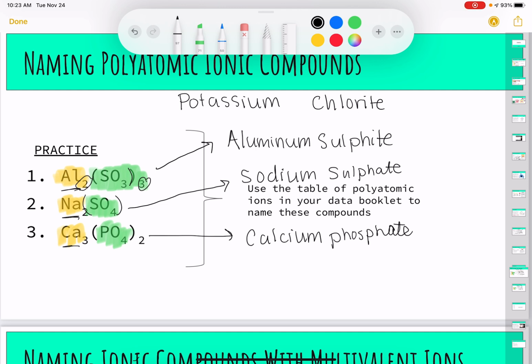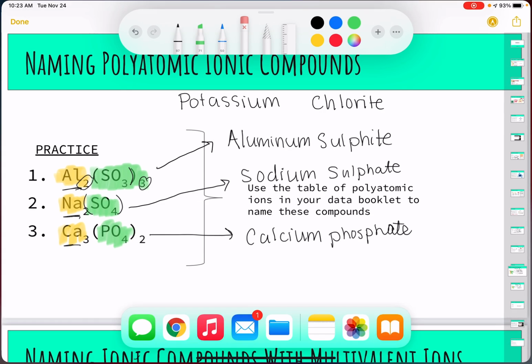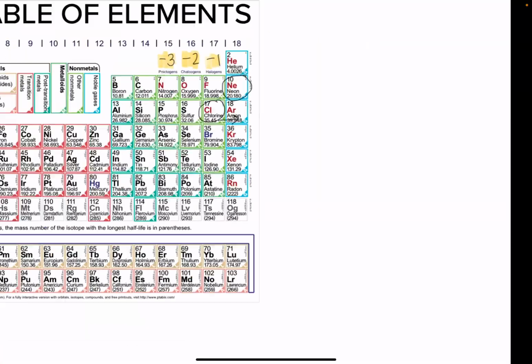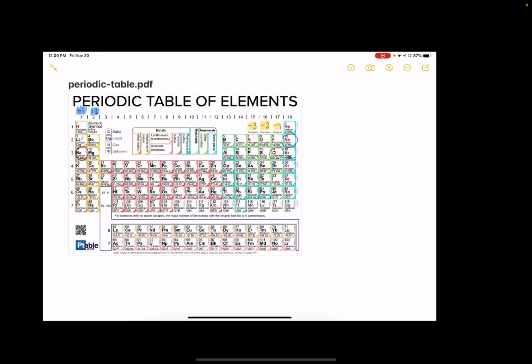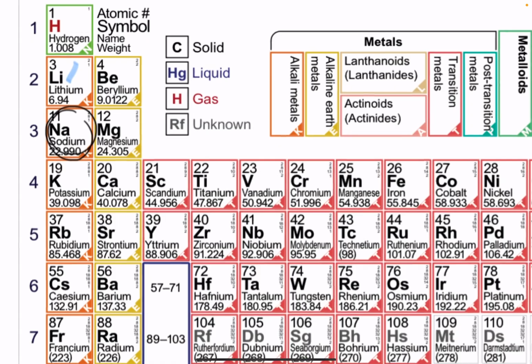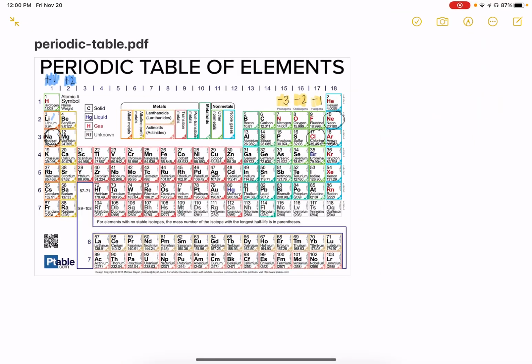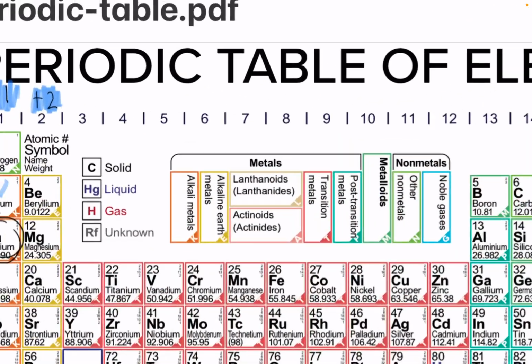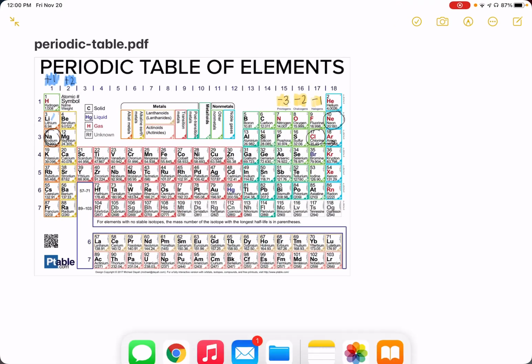So our first job here, just like before, we need to write down the symbols for these things. So what is the symbol for potassium? What's the symbol for chlorite? So our metals are always going to be on our periodic table, and potassium, if you remember, is number 19, and it's K. It also has a +1 charge because it's in that first column.